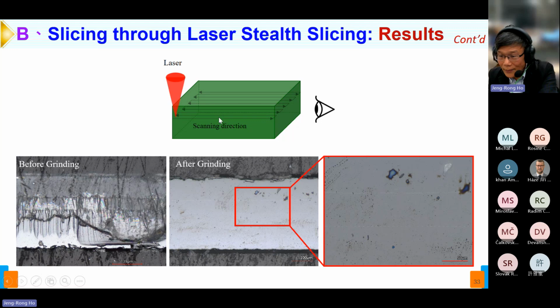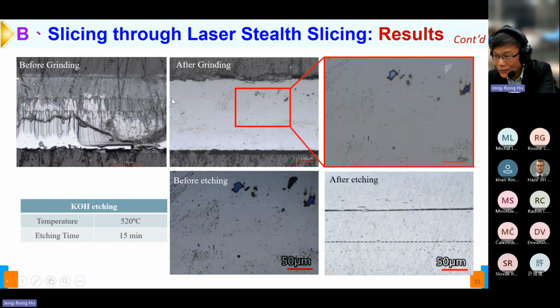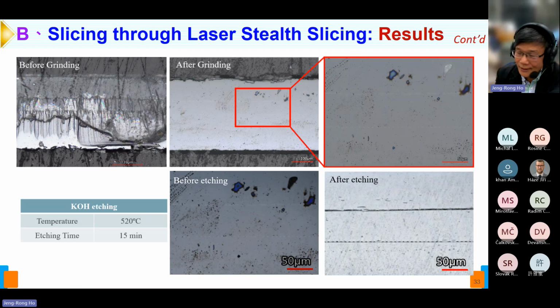And sometimes we can achieve double modification layers. Again, after grinding and etching, we can see 2 layers during one cycle of laser modification.